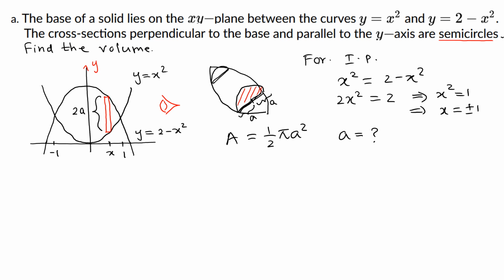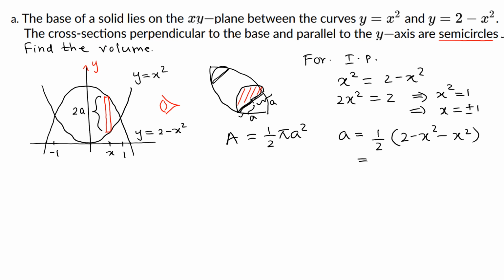That's very easy to find because you know the curves. According to the figure, the top curve is 2 minus x squared, and the bottom curve is x squared. If you take the difference between the two and take half of it, that is going to be the radius.